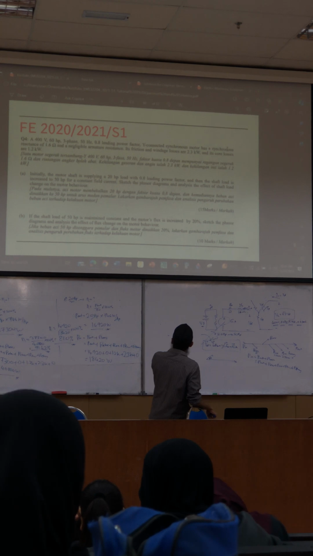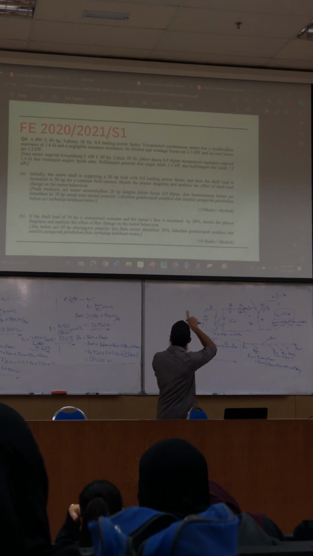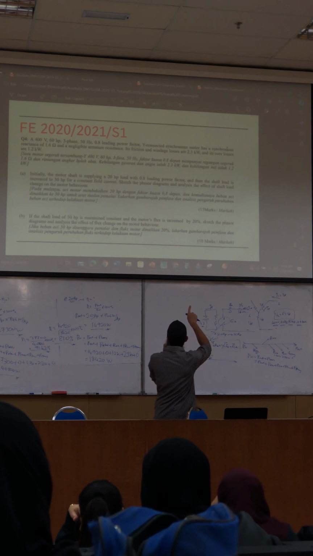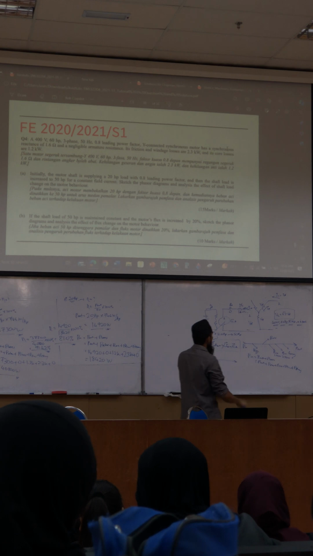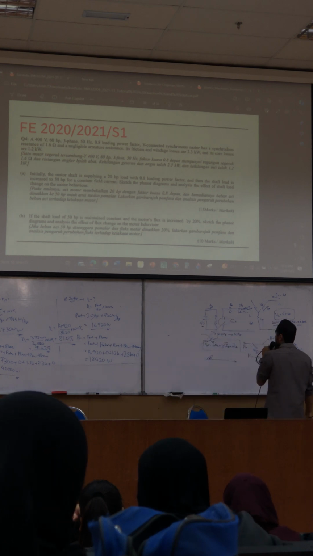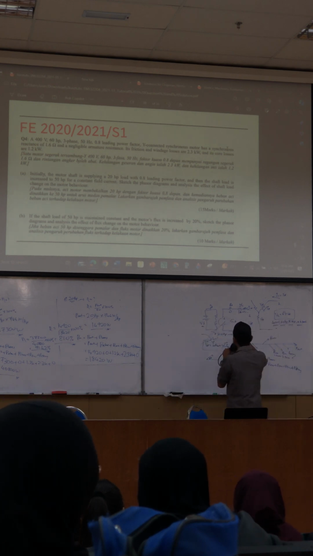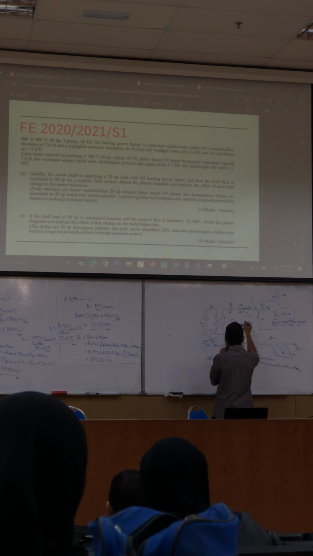You see that sketch the phasor diagram and the effect of shaft load change. So we have obtained the shaft load change behavior in terms of efficiency. Then if you want to sketch your phasor diagram, you need to find the unknowns.